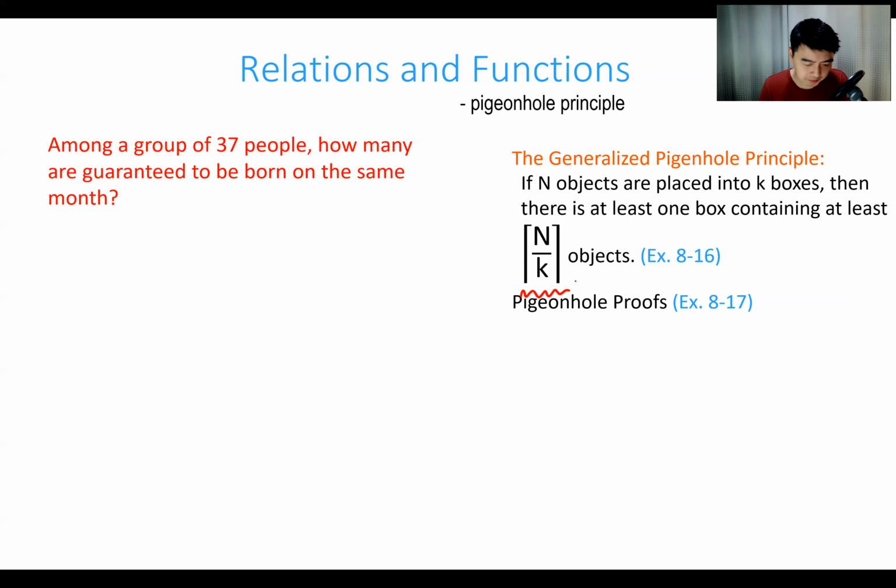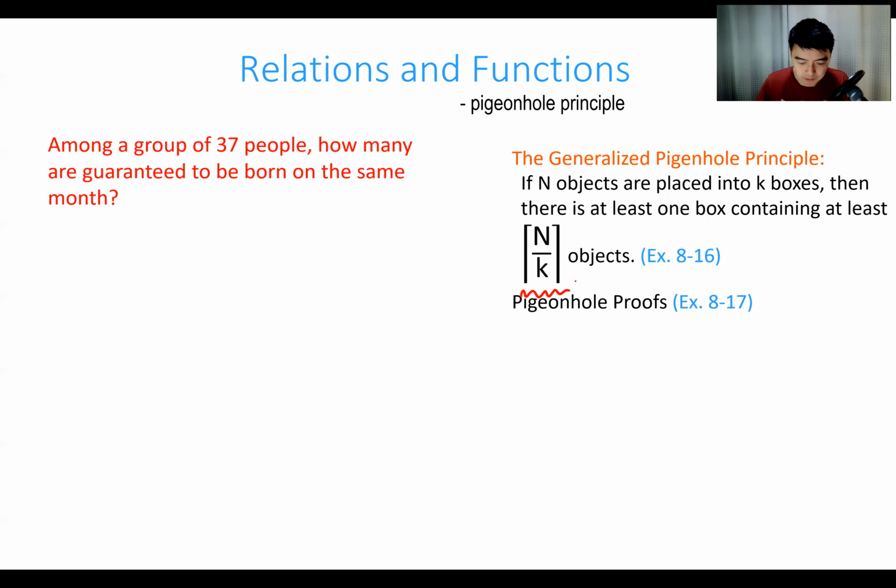All right, among a group of 37 people, how many are guaranteed to be born in the same month? Okay, so this is actually very similar to what we were talking about in the previous statement, with the exception that we can now guarantee multiple people in the same month, not just 2.